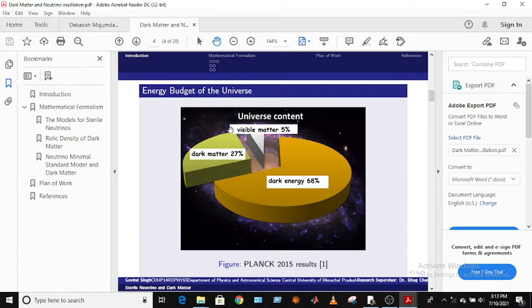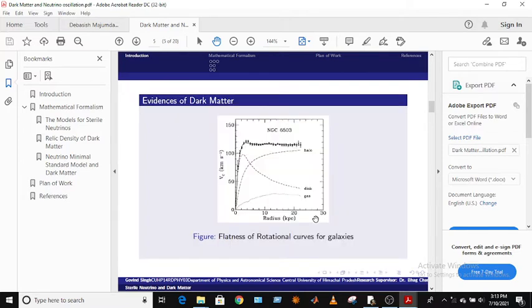This 5% of normal matter contains all the galaxies, stars, planets, interstellar space, and galactic clusters. Now if we do not see the dark matter, how can we say that dark matter is present? So now we are going to talk about the evidences of dark matter.